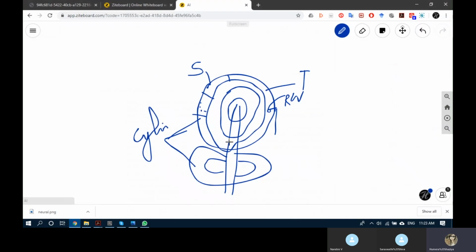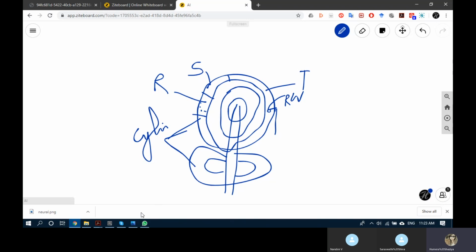Suppose you want to read data in this sector. Then what you have to do? First you have to move this disk and bring the disk under this read write head, and then move the read write head to start reading the desired block of information.